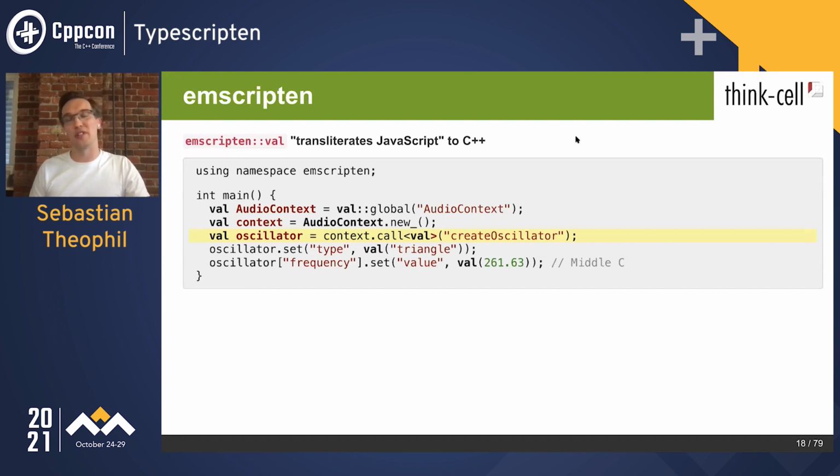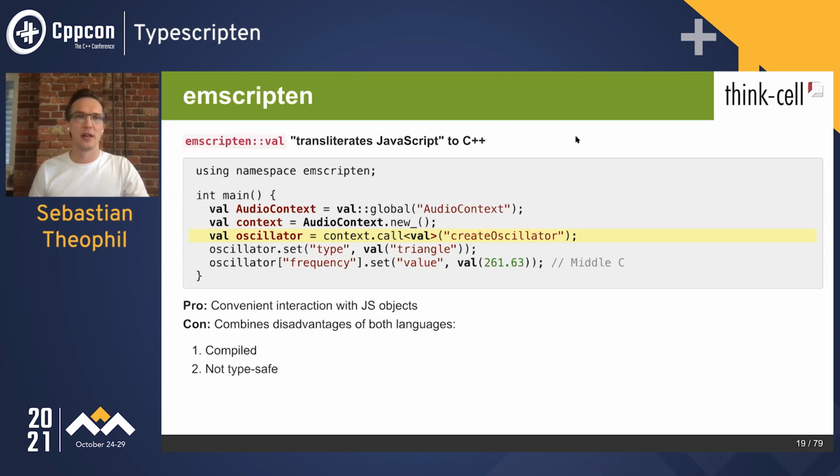We also don't know if it takes any arguments that are not optional. And here we even supply the return value as a template argument. So that is not ideal. It essentially combines the disadvantages of JavaScript and C++ into one. We have to compile it, which takes quite a while before we can try it out. But that compilation step does not give us anything back.